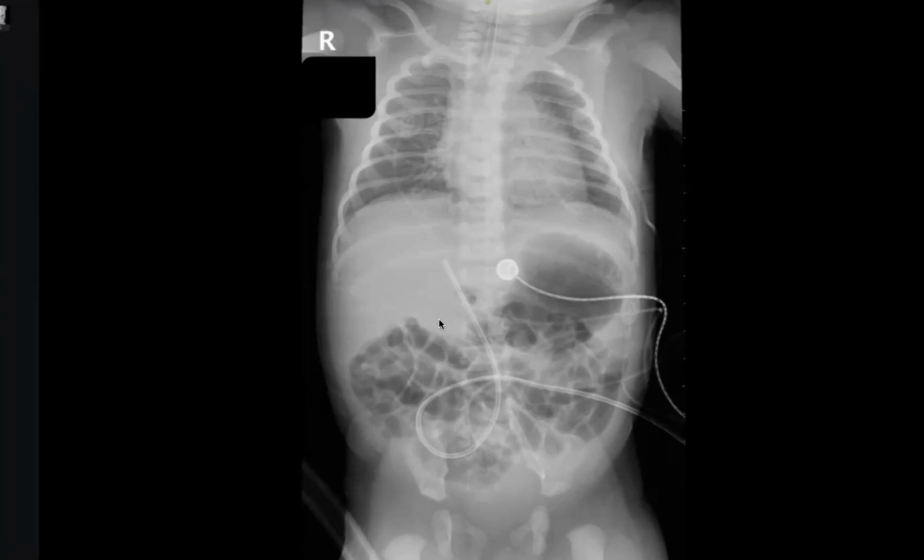This is seen in the region of the left portal vein, in the portal vein. So it needs to be readjusted through the ductus venosus into the hepatic veins and into the IVC at the level of the diaphragm. Likely a case of displaced umbilical venous catheter.